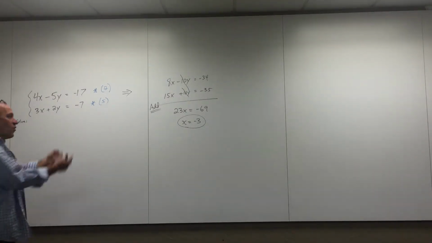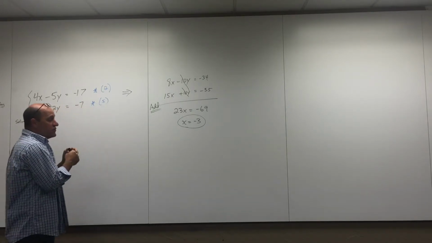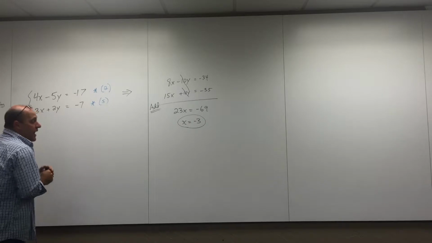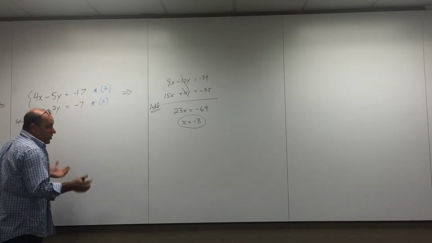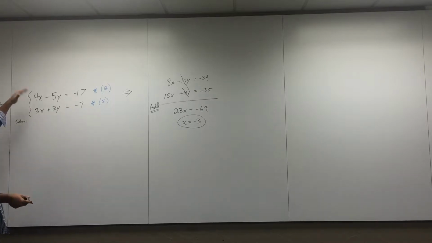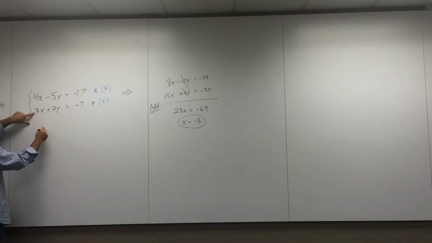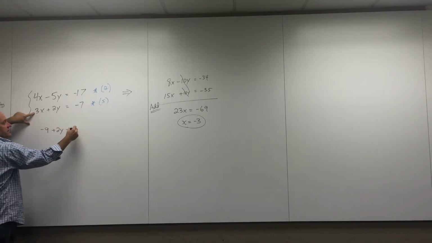We're not finished. Once you get x, you also need to find y. You're looking for both variables. You're looking for the ordered pair. I would take that x and substitute it back into one of the original equations and find y. It's really easy. I'll just go to this bottom equation and plug in that x. It's negative 9 plus 2y equals negative 7.